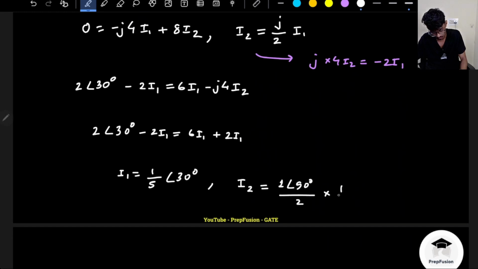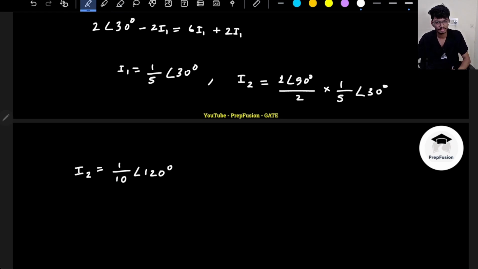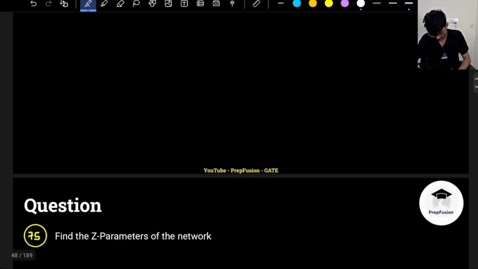I1 is 1 by 5 angle 30. So I2 will be equal to 1 by 10 angle 120 degrees. So this is my I2 and that was my I1. These are the types of questions that generally come.